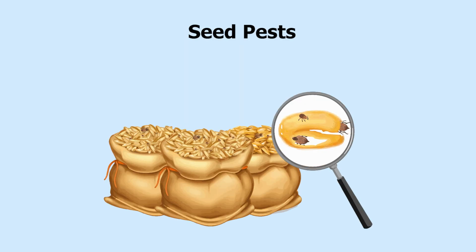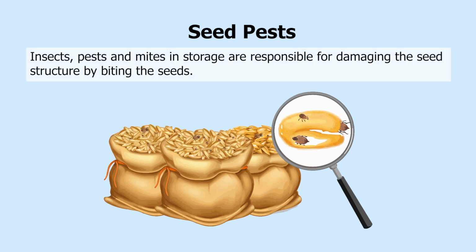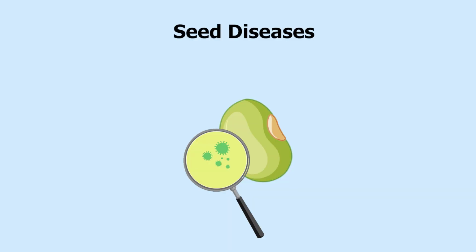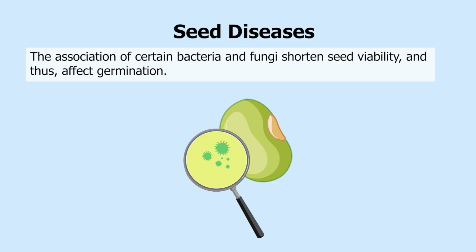Eighth, seed pests. Insects, pests and mites in storage are responsible for damaging the seed structures by biting the seeds. Ninth and last one is seed diseases. The association of certain bacteria and fungi shortens seed viability and thus affects germination.